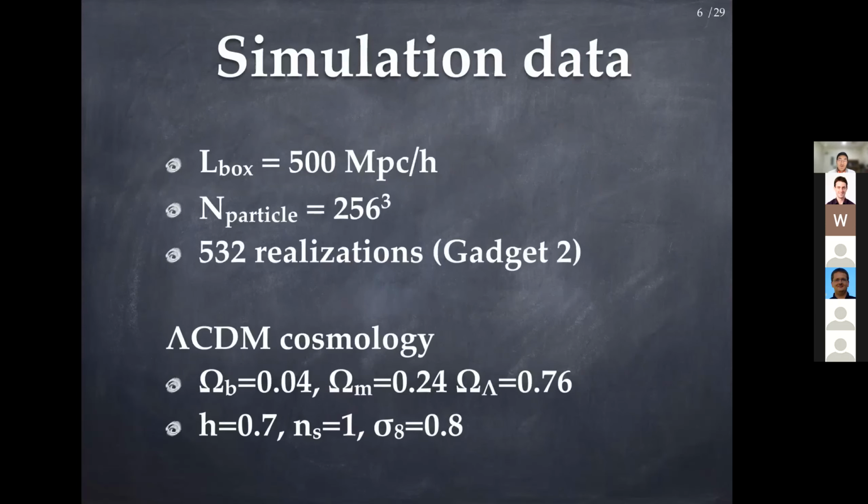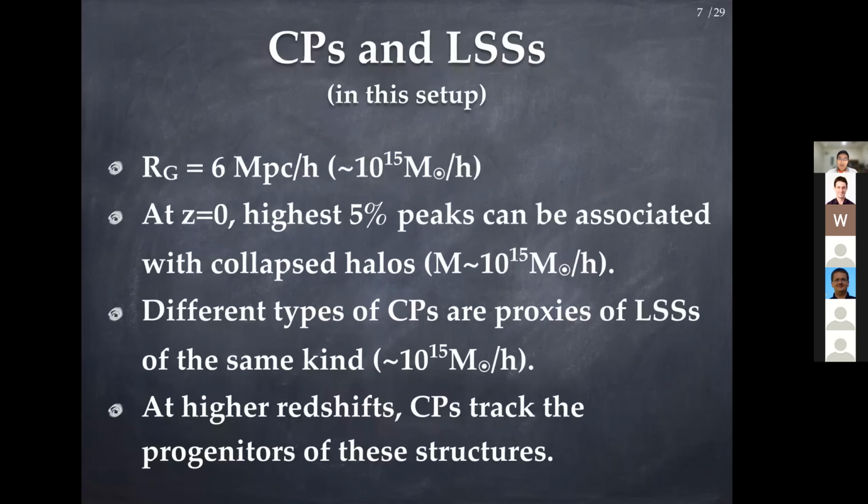So to identify critical points and measure the clustering properties, we use about 500 realizations of vanilla lambda CDM cosmology. And before we go further on, I would like to briefly mention the relevance of critical points in our setup to physical large-scale structures.